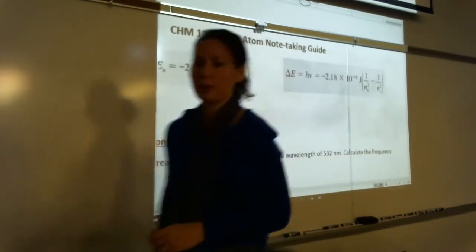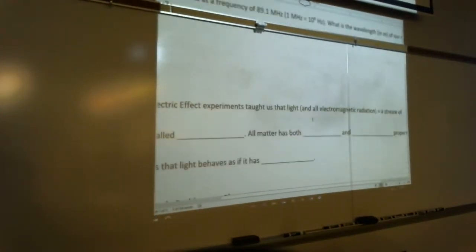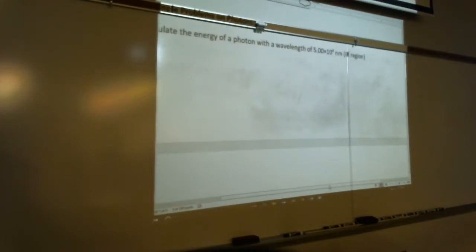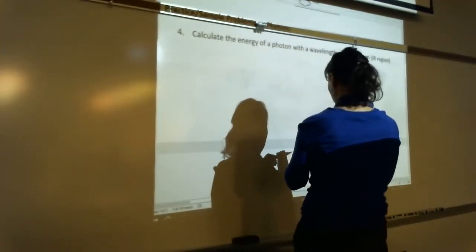All right, so let's go back down to where we were. Let's do some photon problems. Calculate the energy of a photon with a wavelength of 5 times 10 to the 4th nanometers.